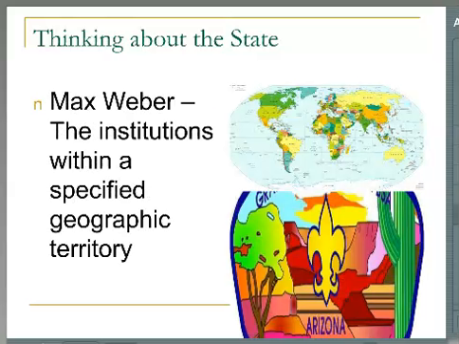The next part of his definition is that these institutions exist within a specified geographic territory. So states have borders, and those borders are lines that we pretend have meaning. When you get south of Tucson, you reach a point where there's an imaginary line drawn, and if you're on this side of the line, you're in the United States, and if you're on that side of the line, you're in Mexico.